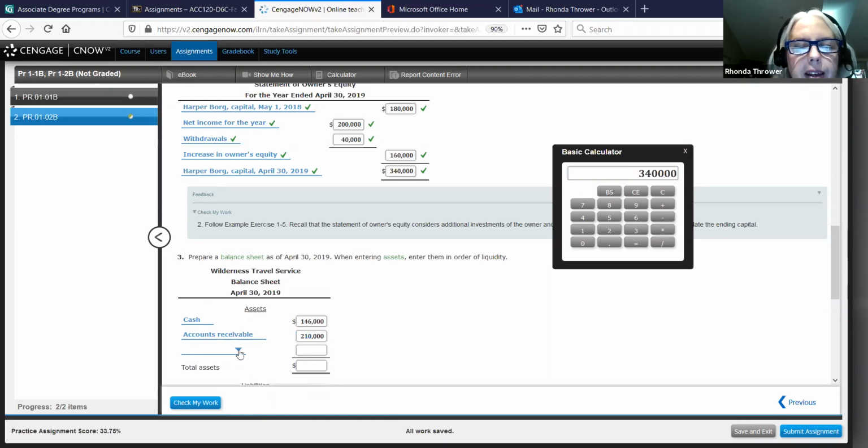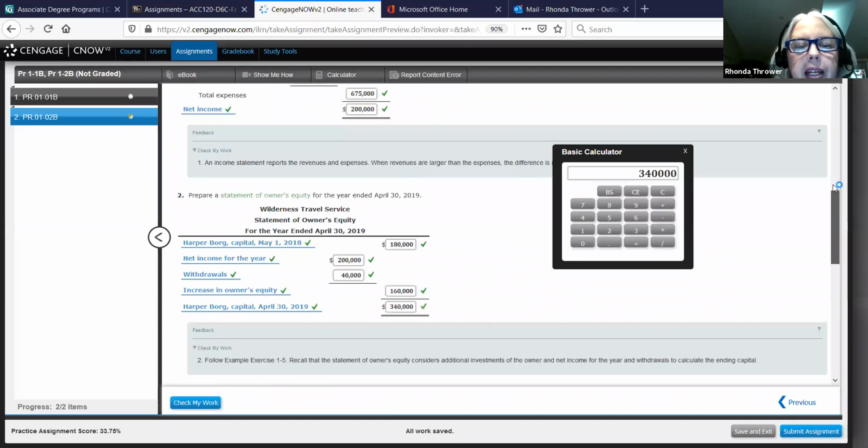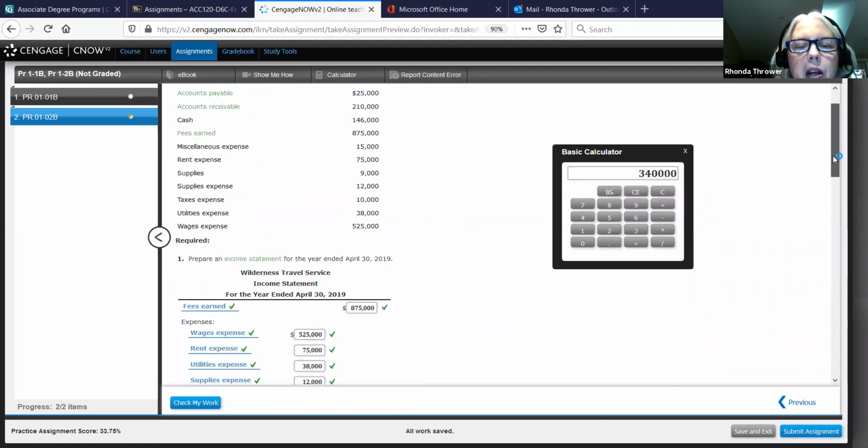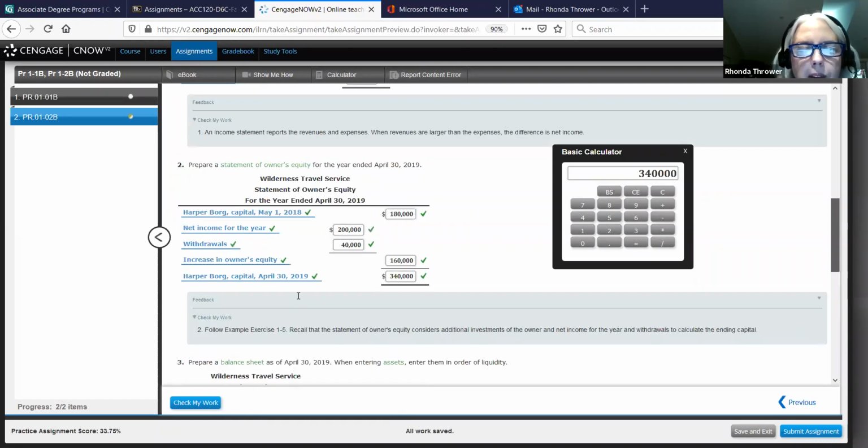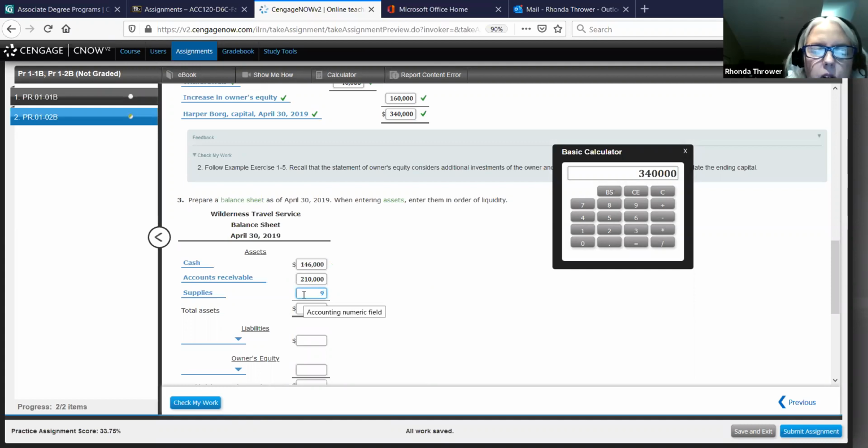The next asset that we would list is our supplies account. Remember, supplies is a prepaid expense, and all prepaid expenses before they are used are recorded as assets. Our supplies has $9,000 in it. So supplies is 9,000.